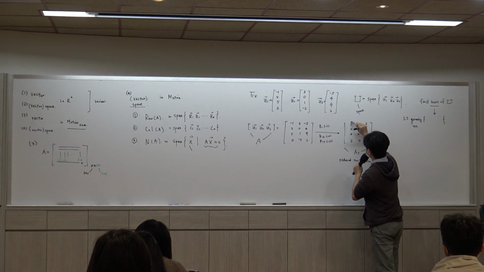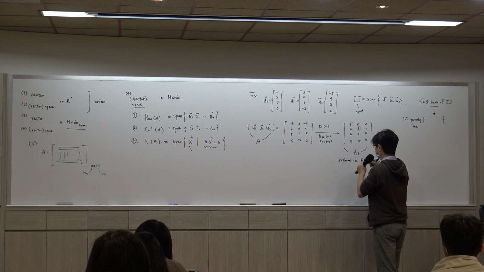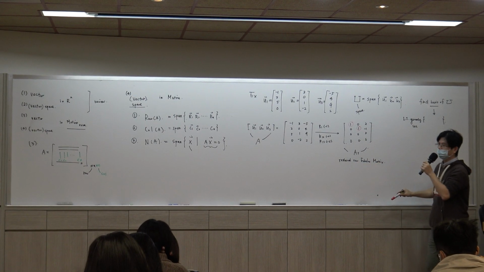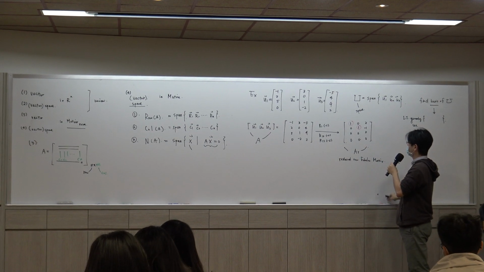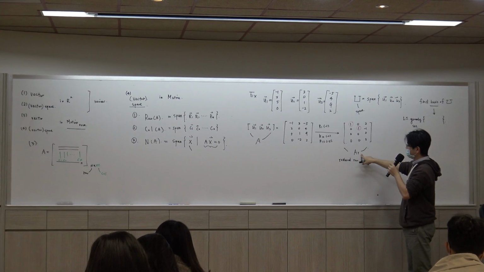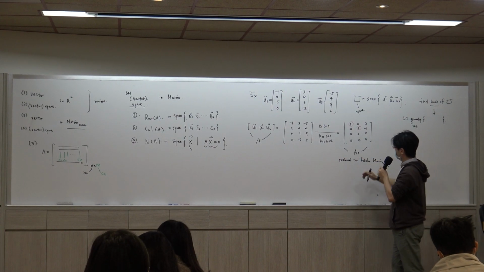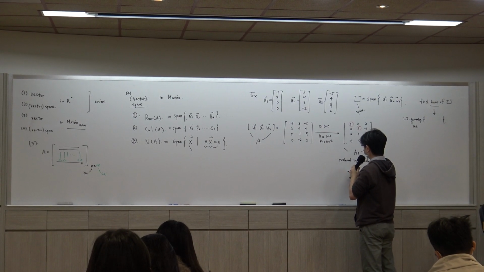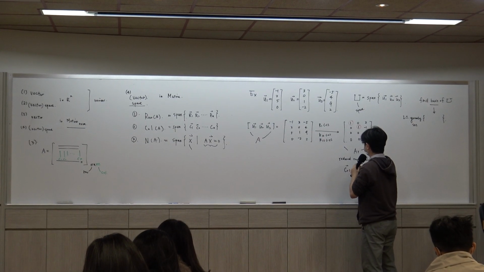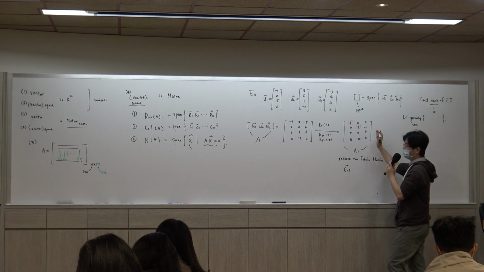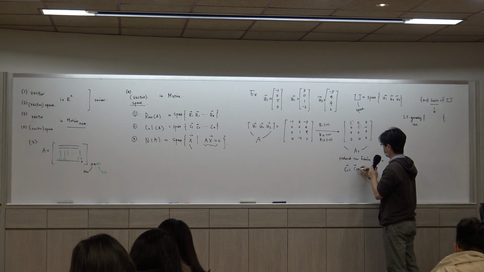So here, I would like to highlight that there are two pivots in the reduced echelon form. In the reduced matrix, we have three column vectors here, right?